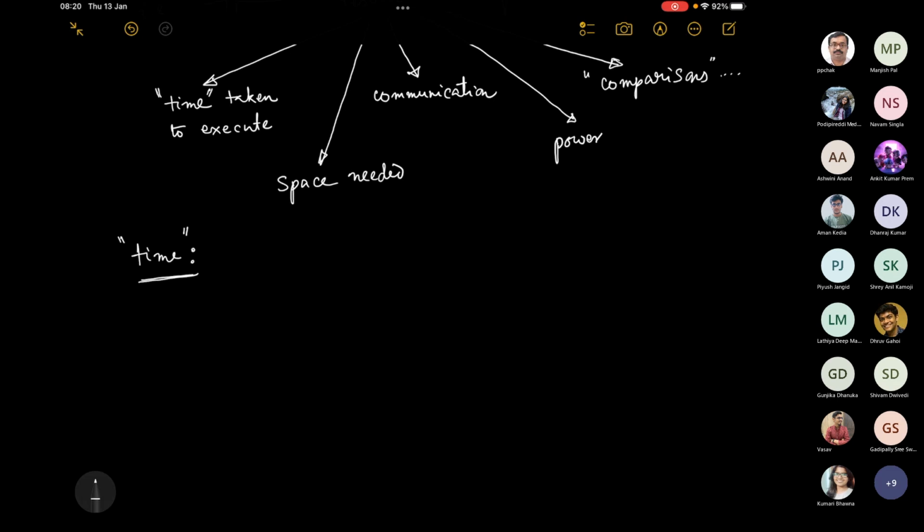Whenever we are defining something, we first go back and see what are the needs, why we are defining it. It should tell us that on the same machine, in the same environment, if two algorithms are run under the same conditions, like physics laws, if everything else remains constant, then if algorithm 1 takes more time than algorithm 2, and if time is the resource we are focusing on, then algorithm 2 is better than algorithm 1.